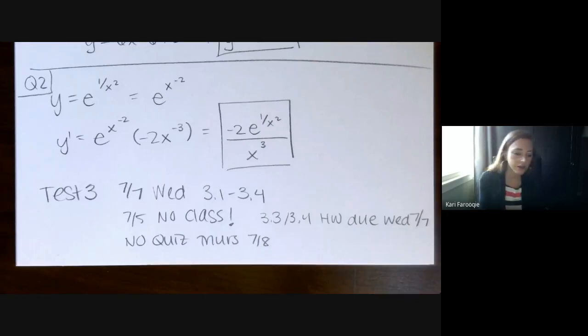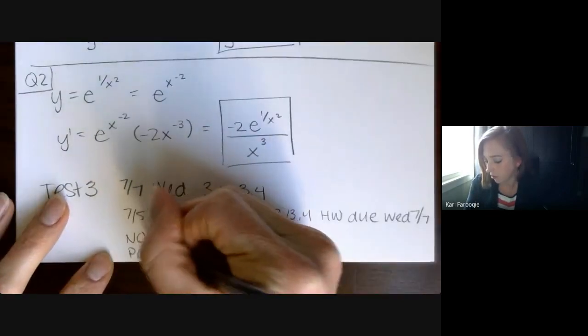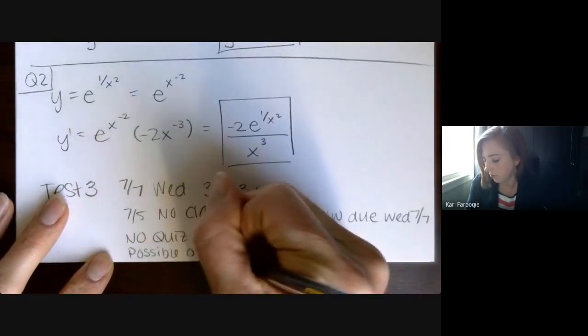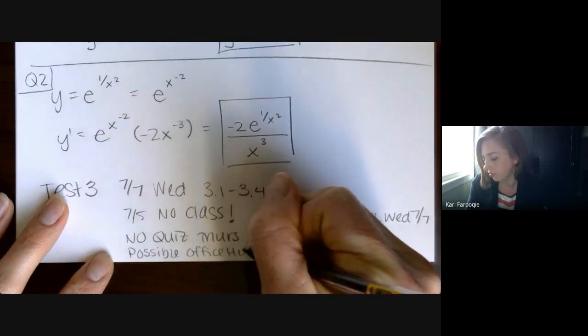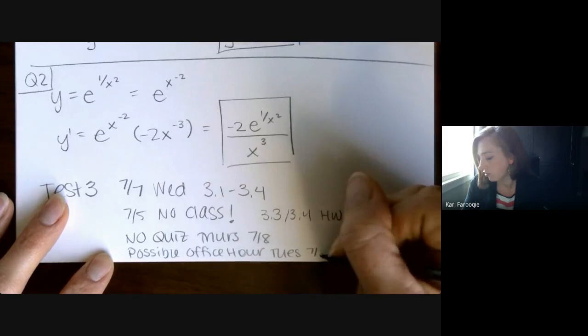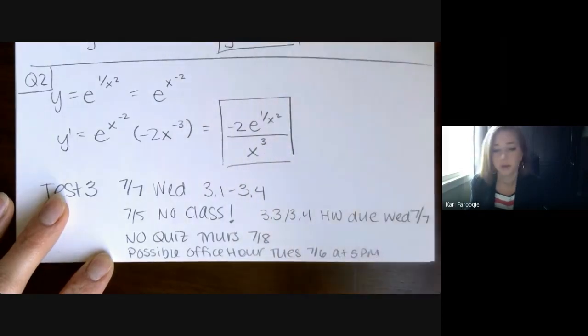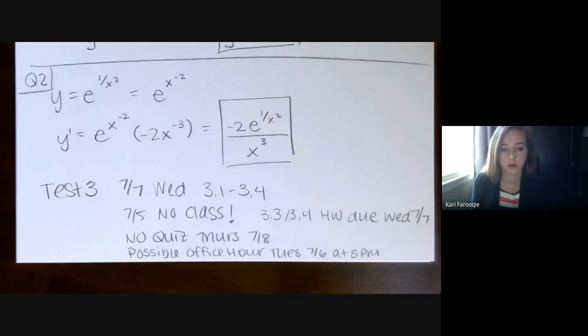If I did an office hour on Tuesday, I would probably do it around 5. That's probably what's going to work out best schedule-wise. I'm going to write that down as a possible office hour Tuesday, which is the 6th, at 5 p.m. But I'll let you know. But I'm going to keep that in mind. I think Tuesday would be the best day.